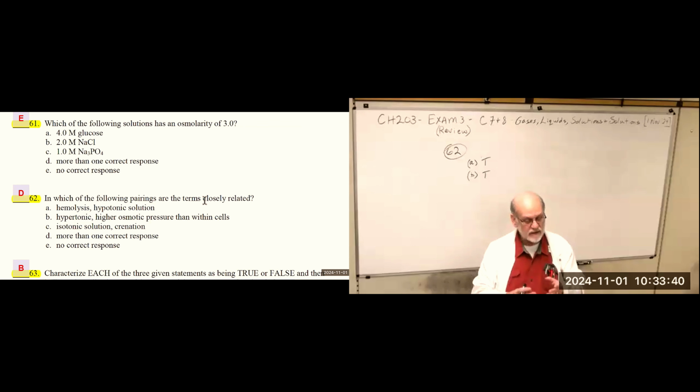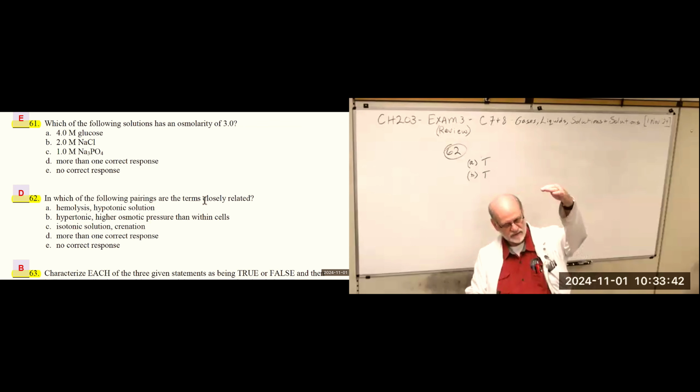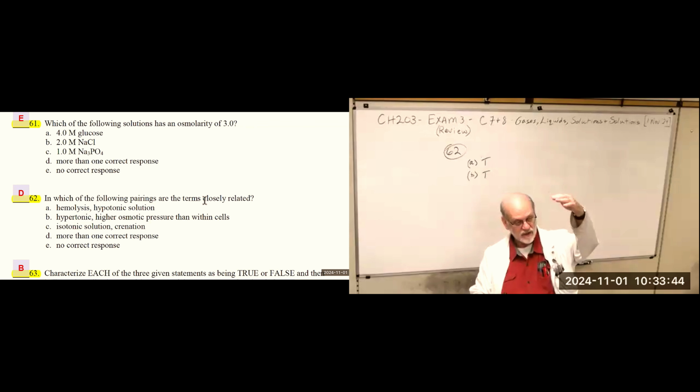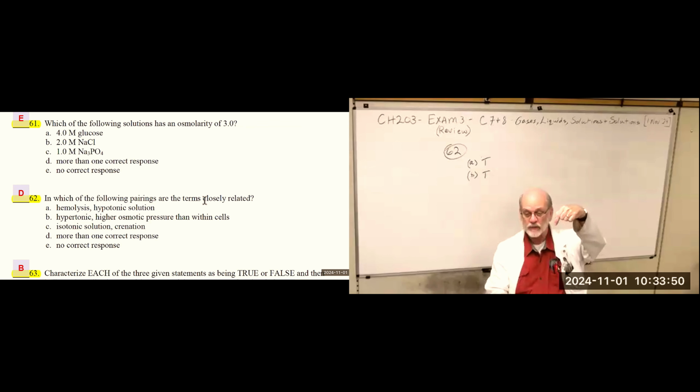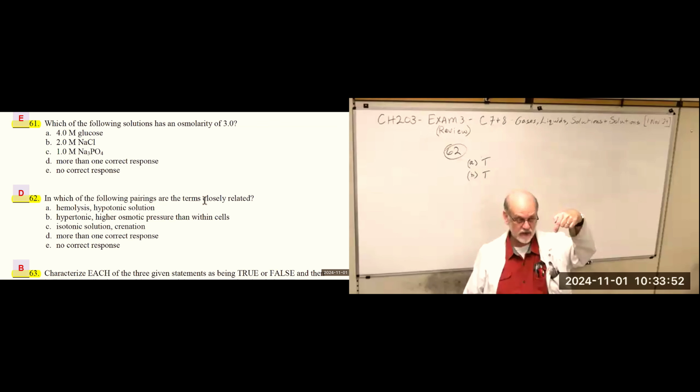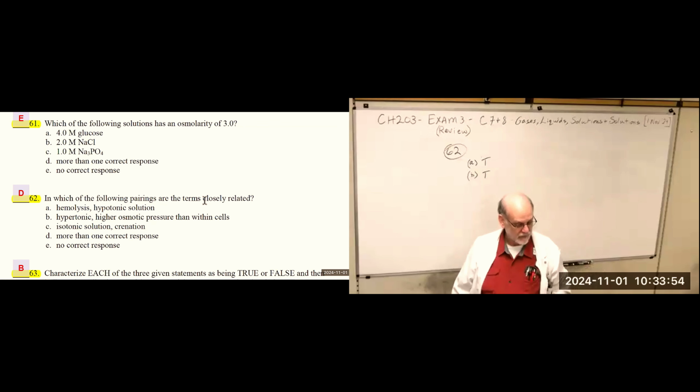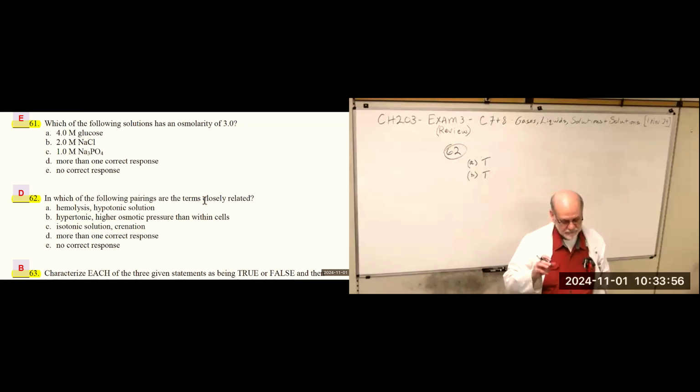Pure solvent's going to move in until the height of that hypertonic solution reaches a point where its pressure is driving water to return at the same rate it's coming through the membrane the other direction. So when we say the osmotic pressure is higher for hypertonic solutions, that is always true.